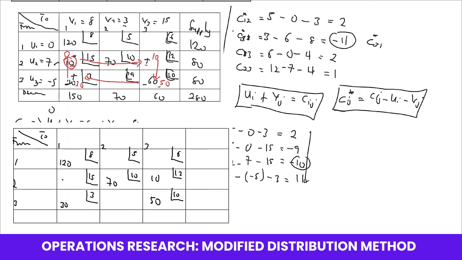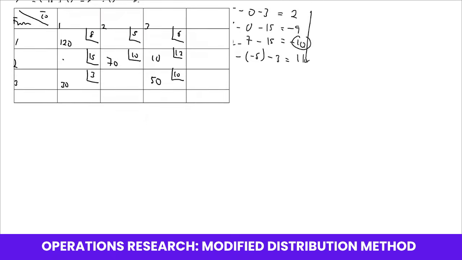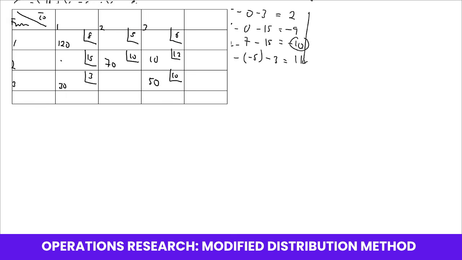So we are going to proceed and find our new UI and VJ values. So this is u1. You know that one is always equal to 0. u2, u3, v1, v2, v3.